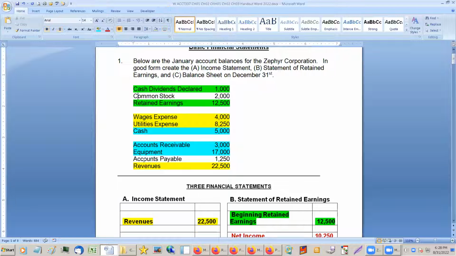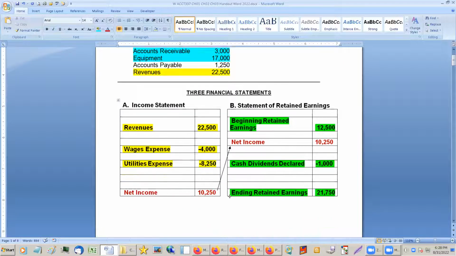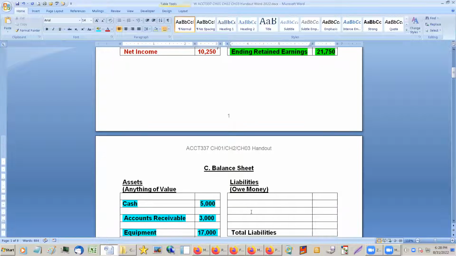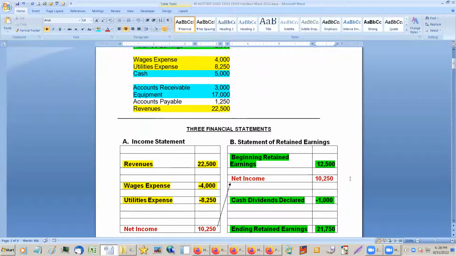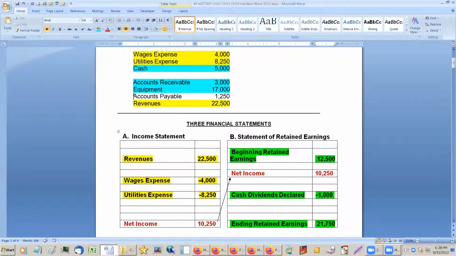We still have common stock left and accounts payable. Accounts payable. Yep. 1,250.